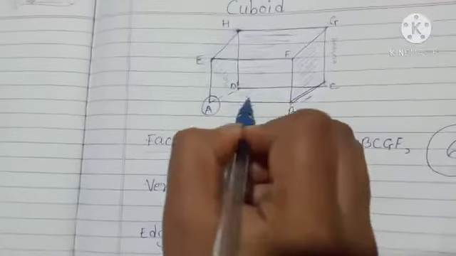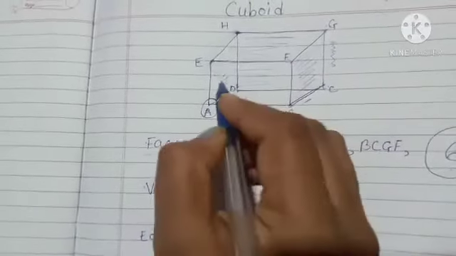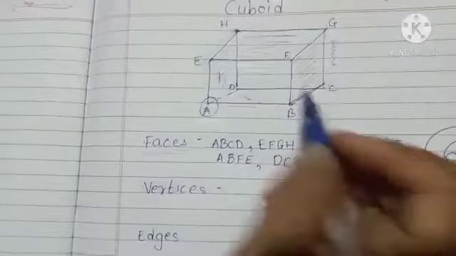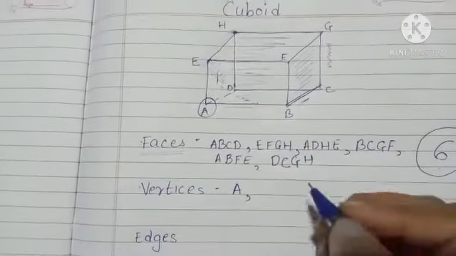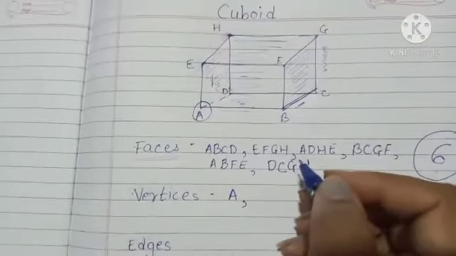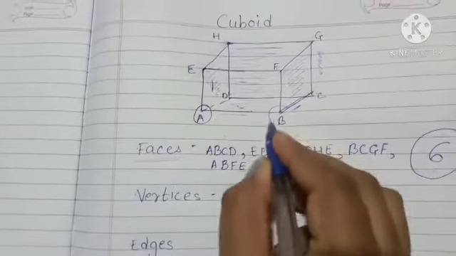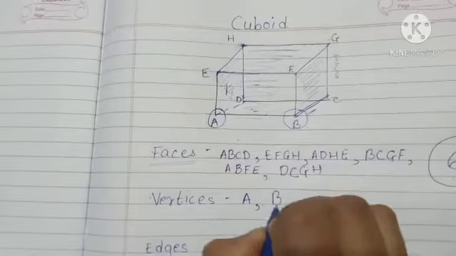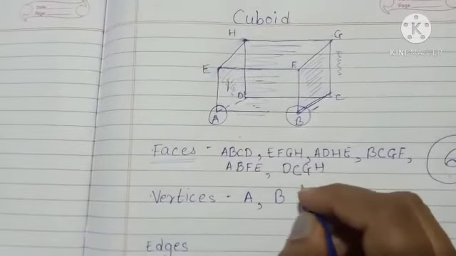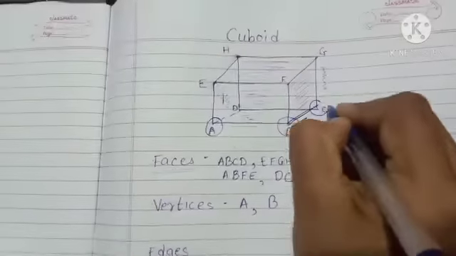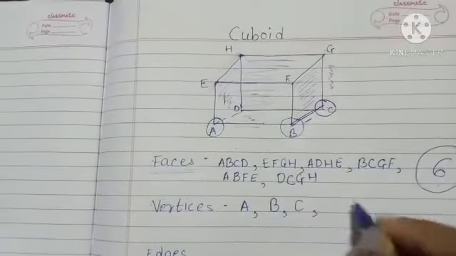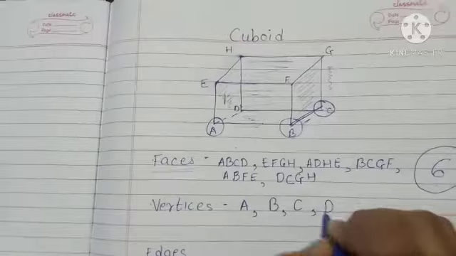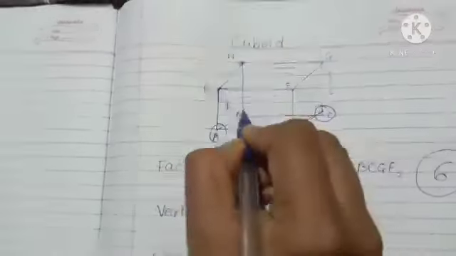This one, another one, this and this one. So A is the first vertex. Which is the next? Yes, B. B is the second. Next, C. Here also 3 faces are meeting. Then it's D. Where is D? This is D.